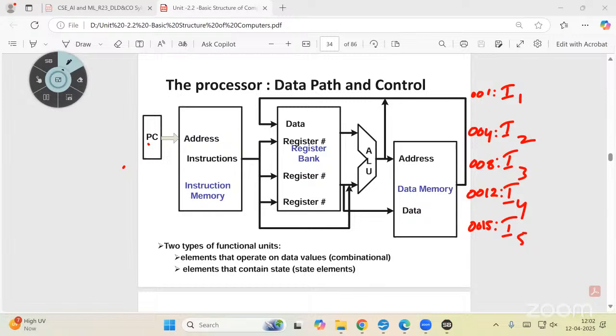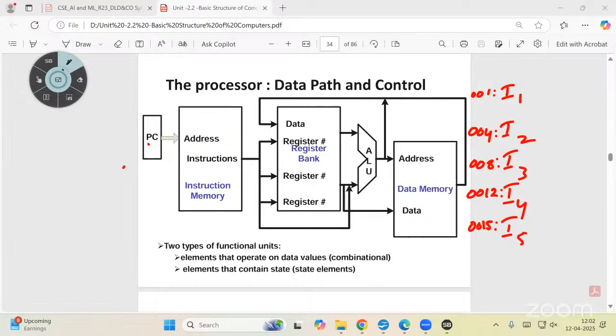Any other answers? Okay. The PC stands for the program counter. PC stands for program counter.